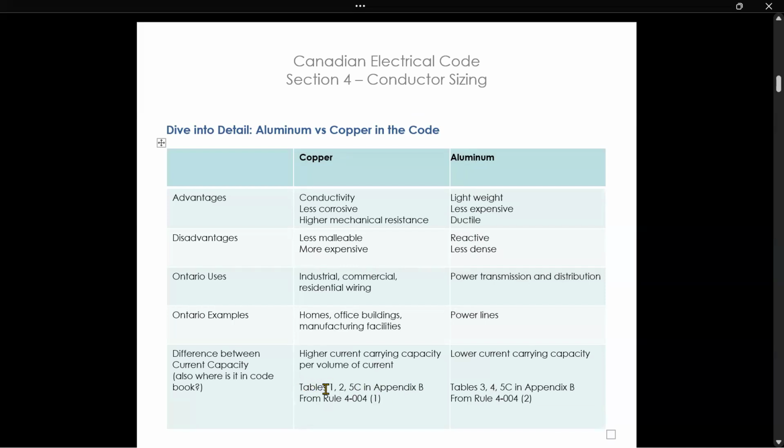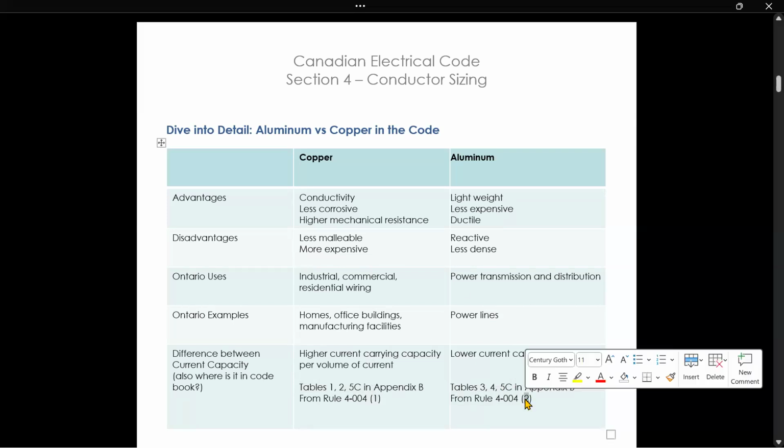If you're working in copper, you're using tables 1, 2, and 5C in Appendix B. If you're working with aluminum, you're using tables 3, 4, and 5C from Rule 4-004, and these are in Appendix B. So if you were to do a flowchart, which I've done a lot of flowcharts, and you can check out my flowcharts about how to solve conductor sizing problems, the very first thing you do is you figure out, are you copper or aluminum?